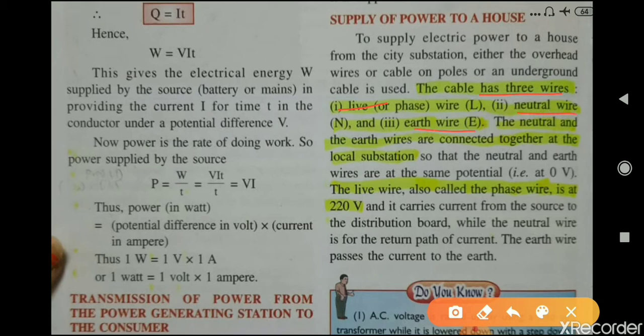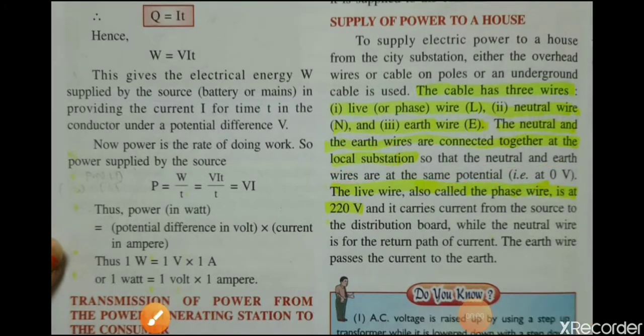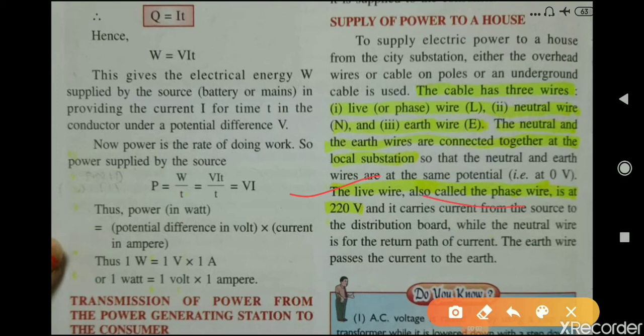The neutral wire and the earth wire are connected together at the local substation, so that the neutral and the earth wire are at the same potential, that is 0 volt. The live wire, also called the phase wire, is at 220 volt and it carries the current from the source to the distribution board, while neutral wire is for the return path of the current. Okay, and the current passes to the earth through the earth wire.